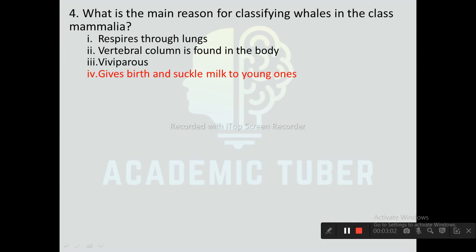And the correct option is option 4, that is gives birth and suckles milk to young ones. These characteristics are defining features of mammals. Whales, like other members of the class Mammalia, are warm-blooded vertebrates that give birth to young ones and nurse them with milk produced by mammary glands.